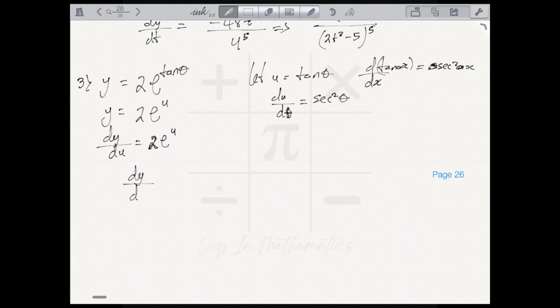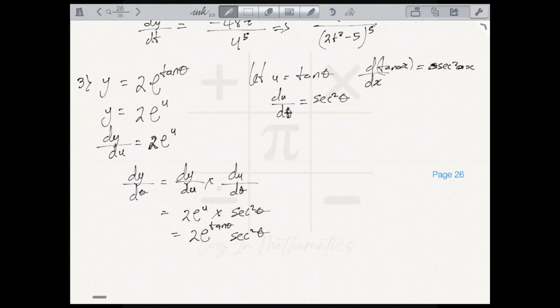Therefore our dy/dtheta will be dy/du multiplied by du/dtheta. And our dy/du is 2e^u, and our du/dtheta is sec square theta. So this is 2. Let's substitute our u, that's tan theta, and sec square theta.